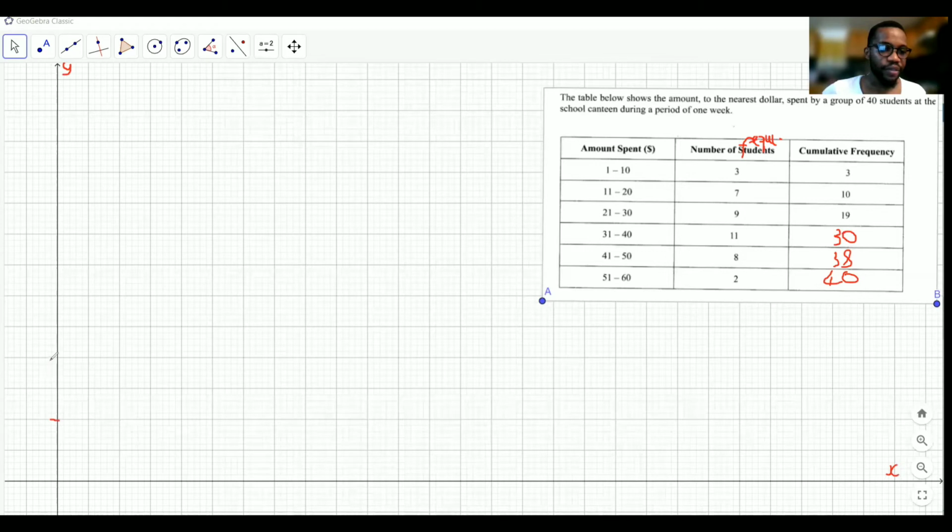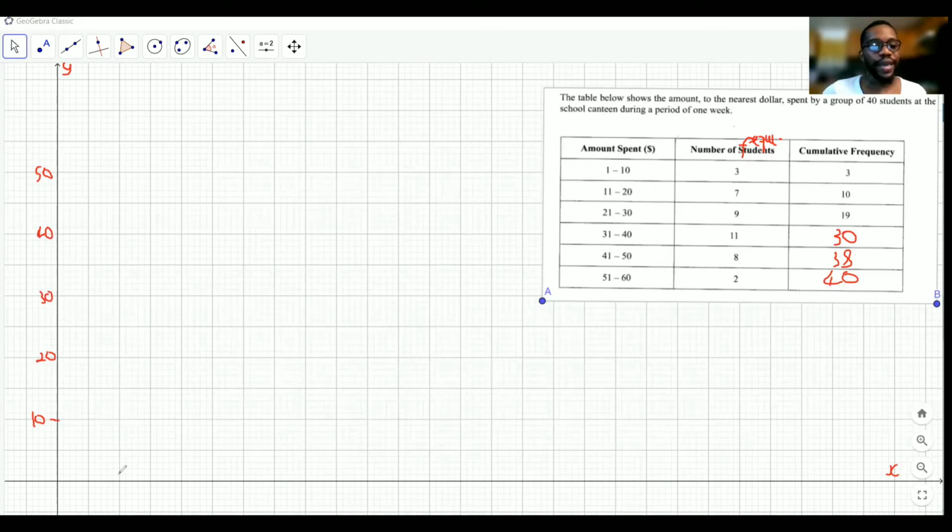So I'm going to have 10, 20, 30, 40. We need to use up at least 60% of our graph paper. Now I'm just using parts because I have things all over the place on this graph paper, but at least 60%. So it's 10, 20, 30, 40, 50. All right, let's say we go up to that point.